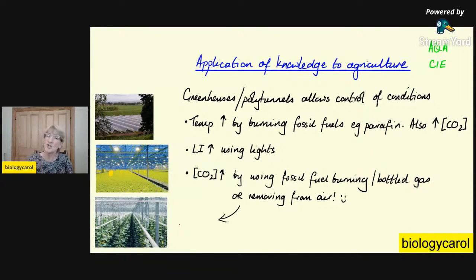But notice, just like with light intensity, you only want to increase the concentration of carbon dioxide up to a certain point, because there is no point in paying for the concentration to be higher when that rate of photosynthesis won't change. I hope that makes sense.